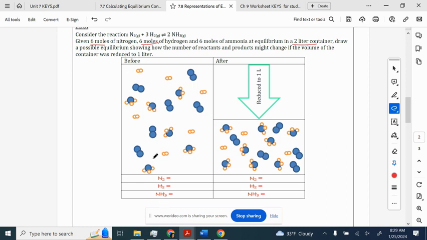Remember, ice tables are using either molarity right now, or they are using pressure. So our initial, we had 6 moles of nitrogen, 6 moles of hydrogen, and 6 moles of ammonia at equilibrium. That was in a 2-liter container. So what is my molarity then?